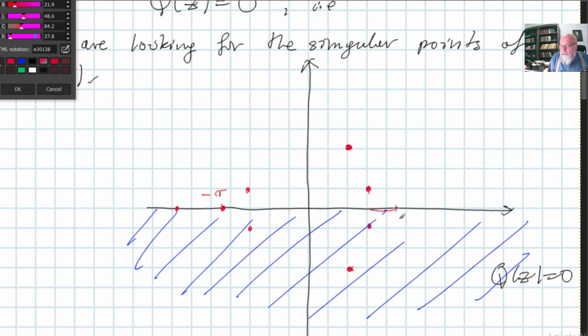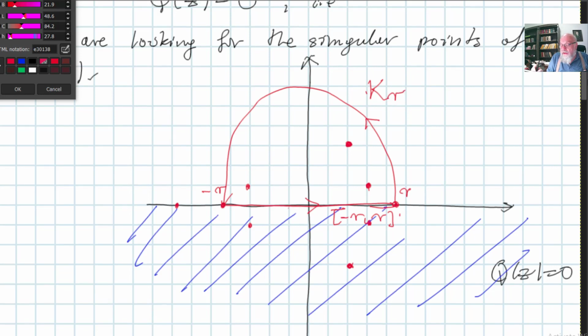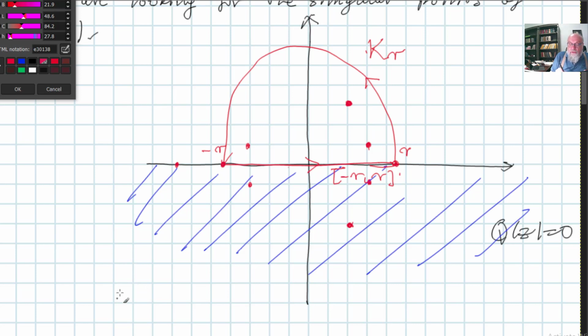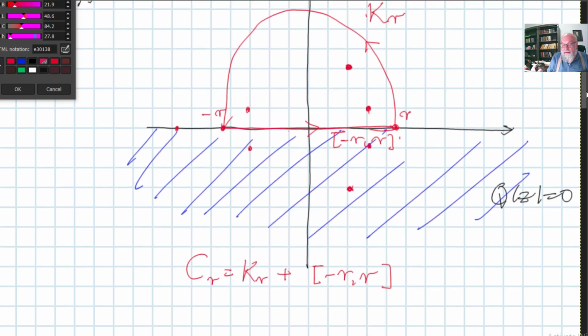Here is the R, and we take the semicircle going around those roots, and then we close it with the segment from minus R to R. This one is the semicircle K_R, and the contour C_R is the union of the semicircle and the linear segment on the real axis.